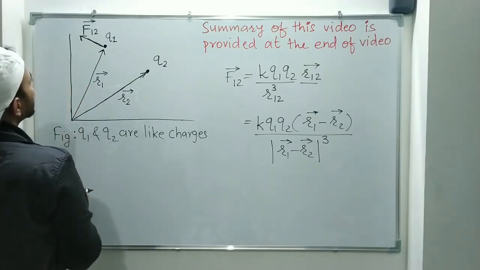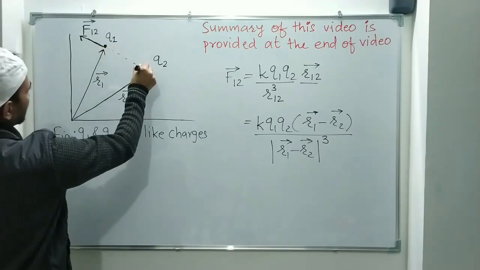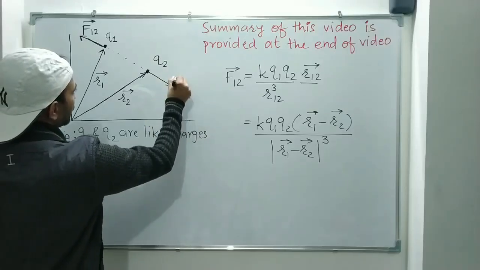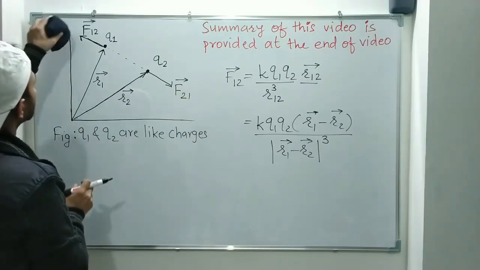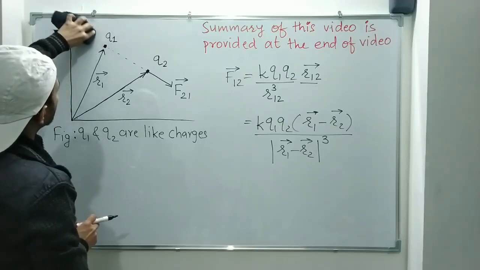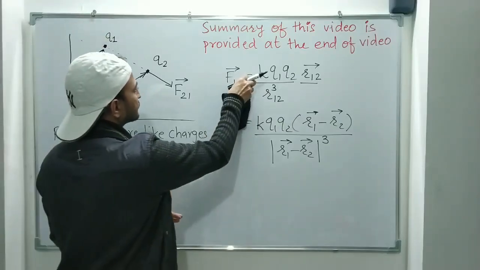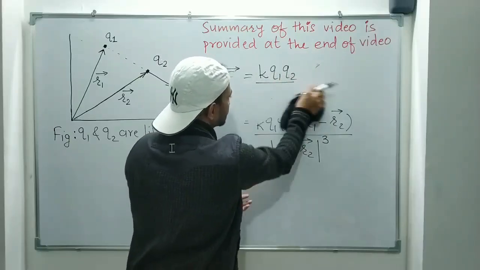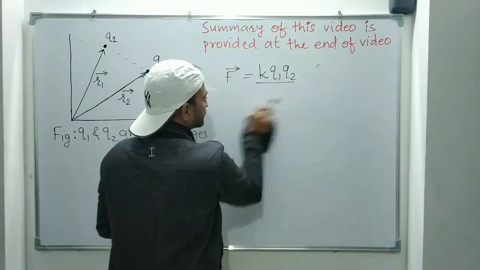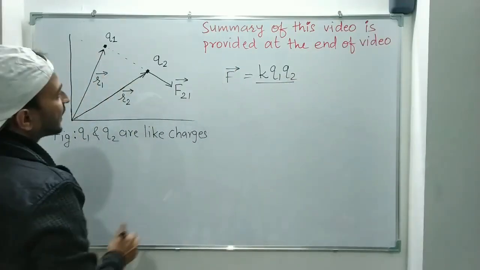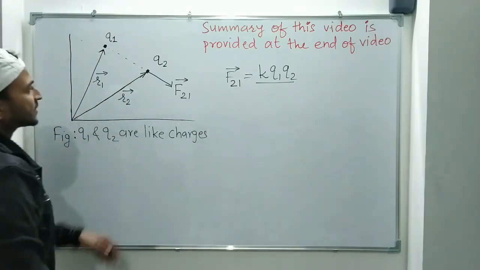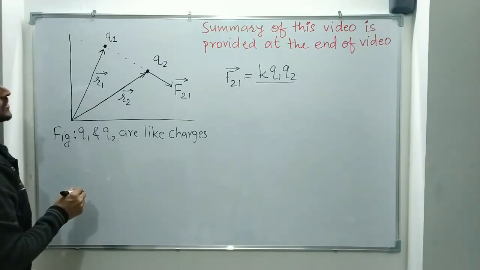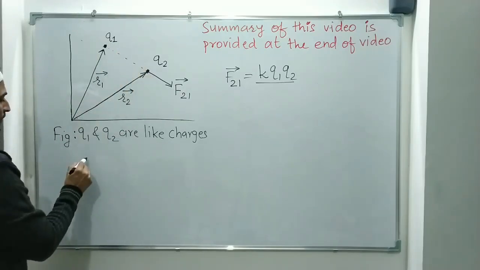Now if you want to find F21, that is the force on Q2 because of Q1. So its direction is from Q1 to Q2.